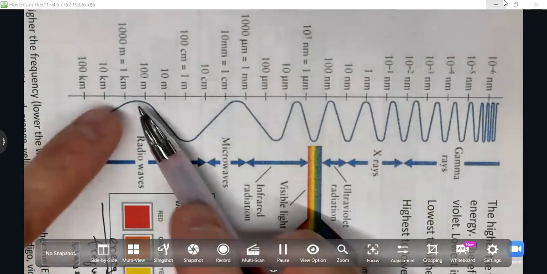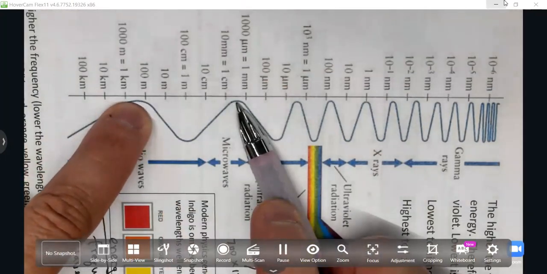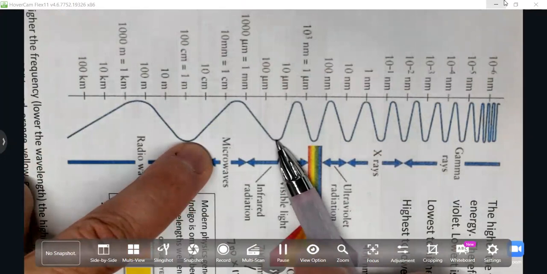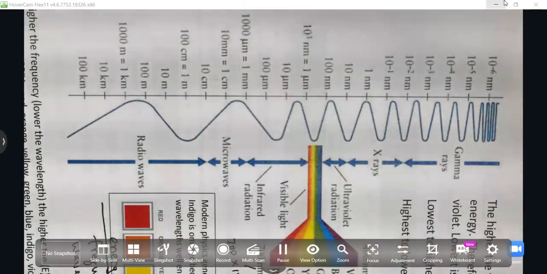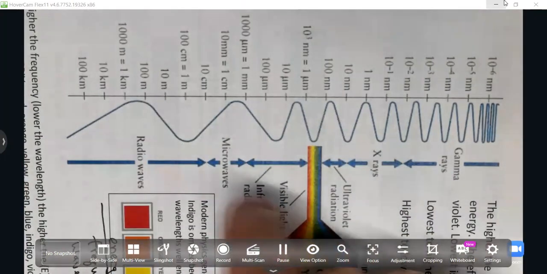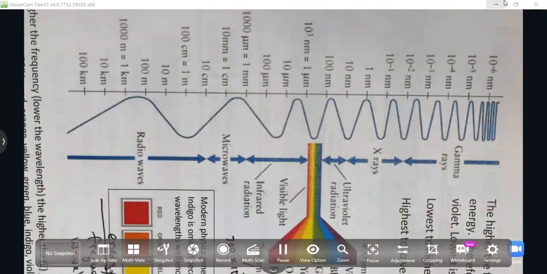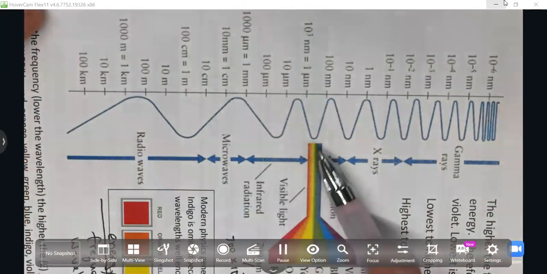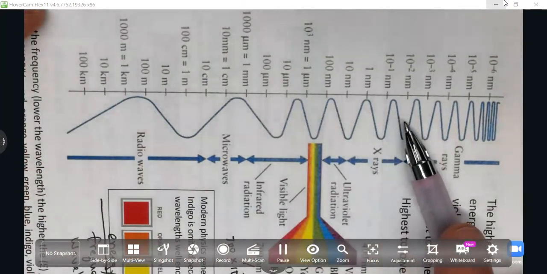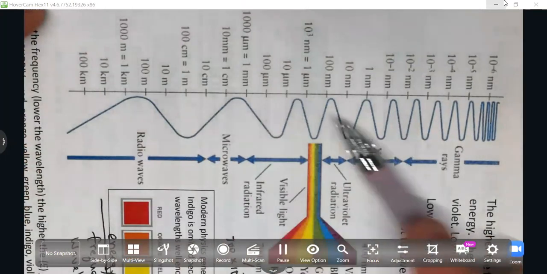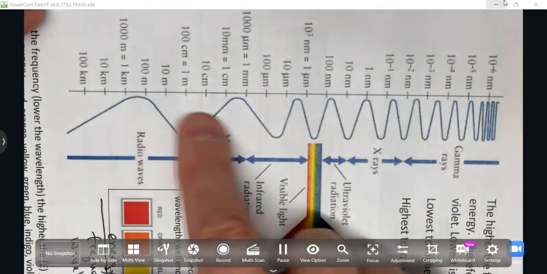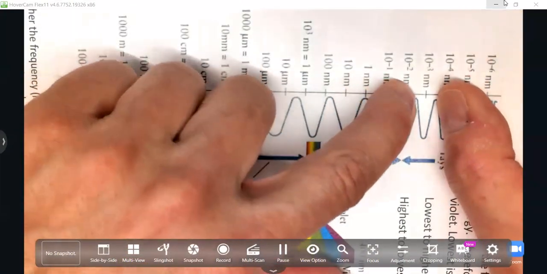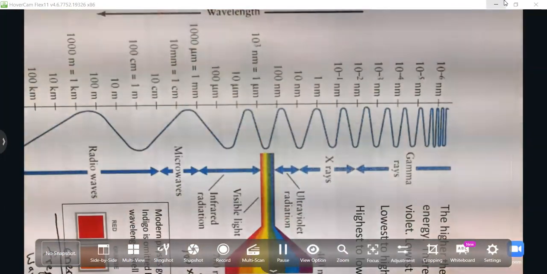Otherwise, we have wavelength, the distance from crest to crest, trough to trough, something bottom to top. And then you have how many waves per second. And as we go to the right, you get more waves getting closer and closer together. As we go this way, we get a higher frequency. But as you get a higher frequency, you get a shorter wavelength as you go, right?